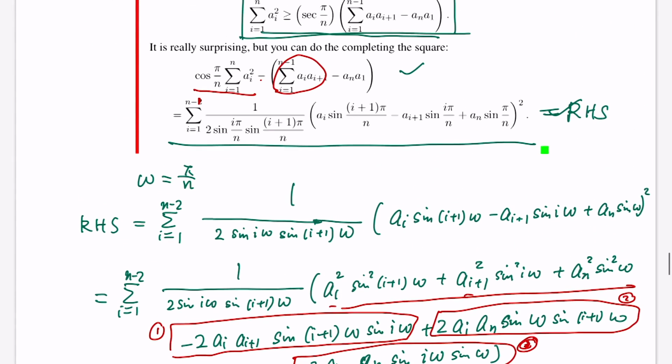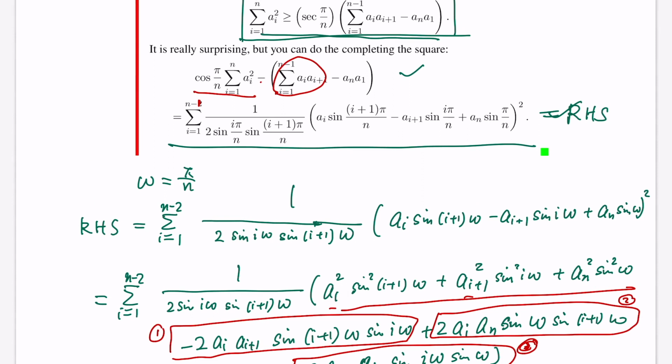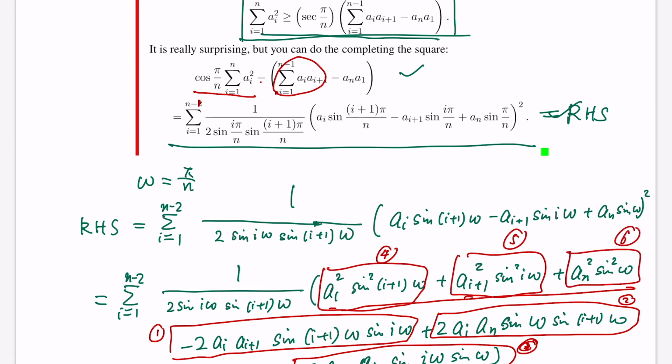Maybe I wrote it wrong. It's n plus 2 to n minus 1. Okay, so now let's fix these terms. So these 3 terms, let's call this to be equal to number 4, and this is number 5, and this is number 6. Number 6 looks simple.